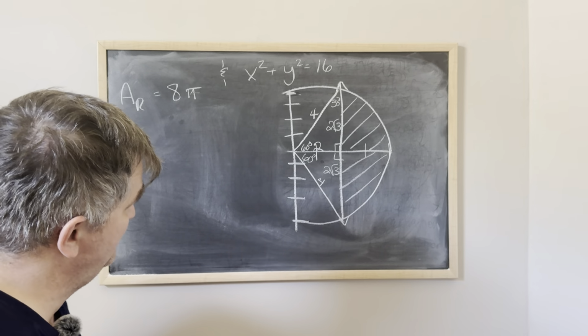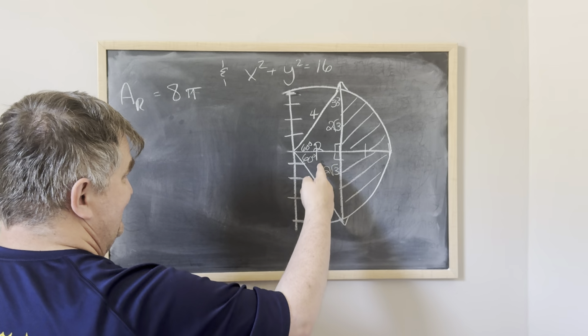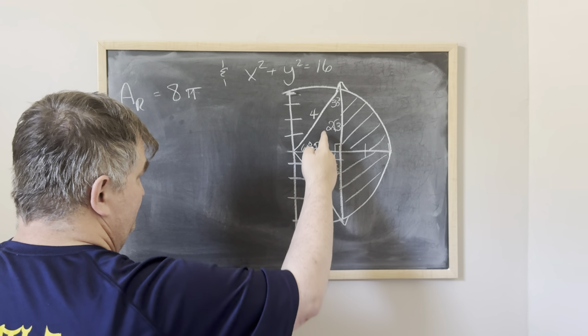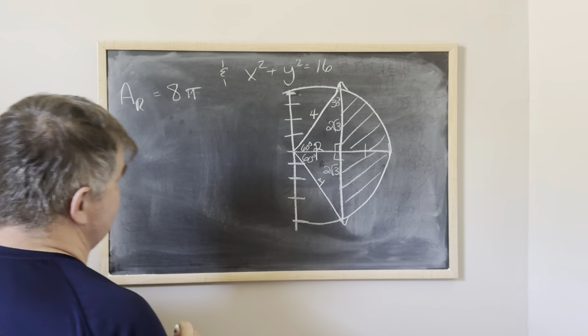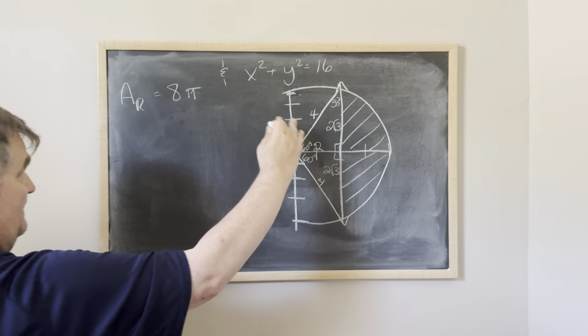And so now what we're going to do is subtract these two areas right here. So we have 8 pi, and then we're going to go minus, and since we have two triangles, if you flip this around, you simply have 2 times 2√3. That is the areas of these two triangles combined.